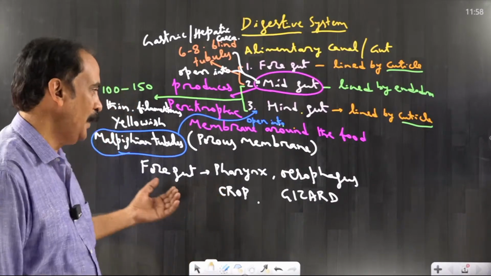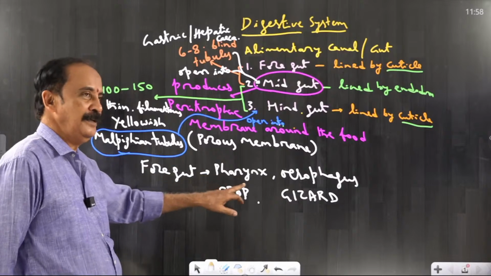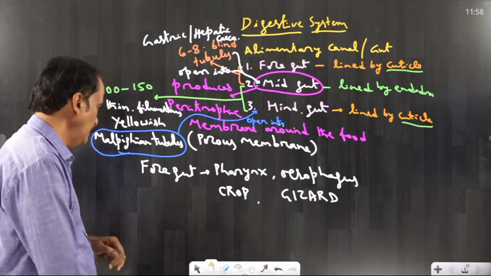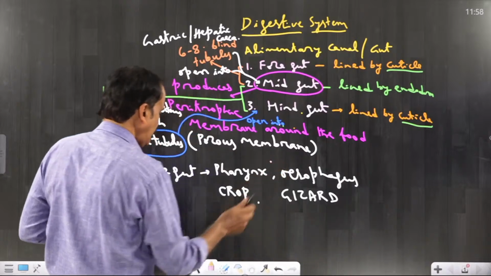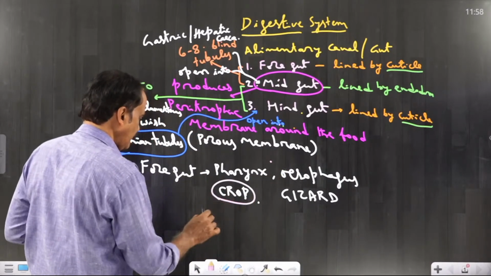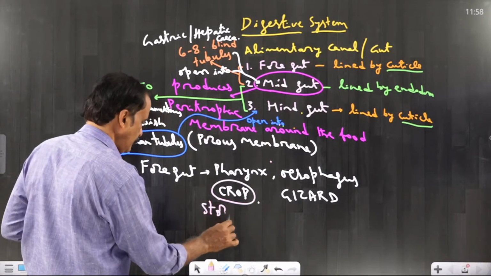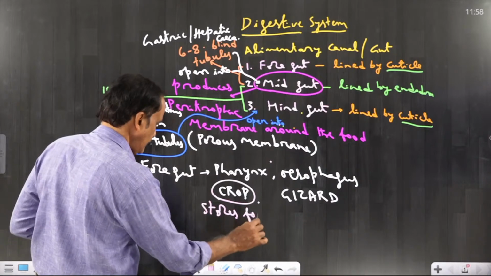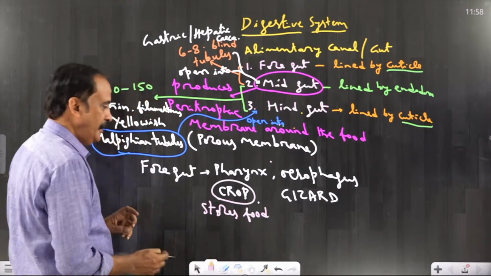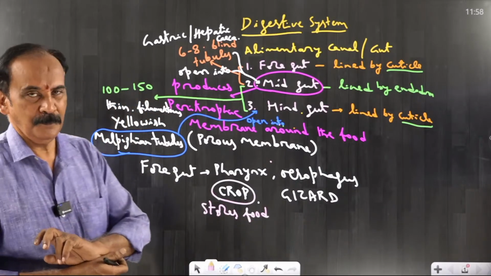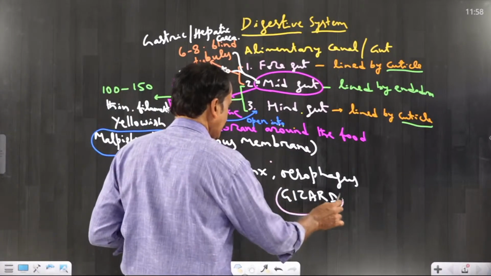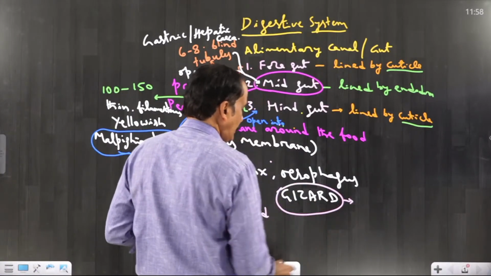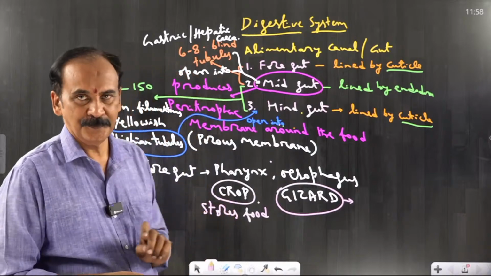Right? That structure is swallowed through the mouth, enters into pharynx, passes through esophagus to crop, and crop actually stores the food material. The food material is temporarily stored in crop, and gizzard in cockroach is highly muscular, right?